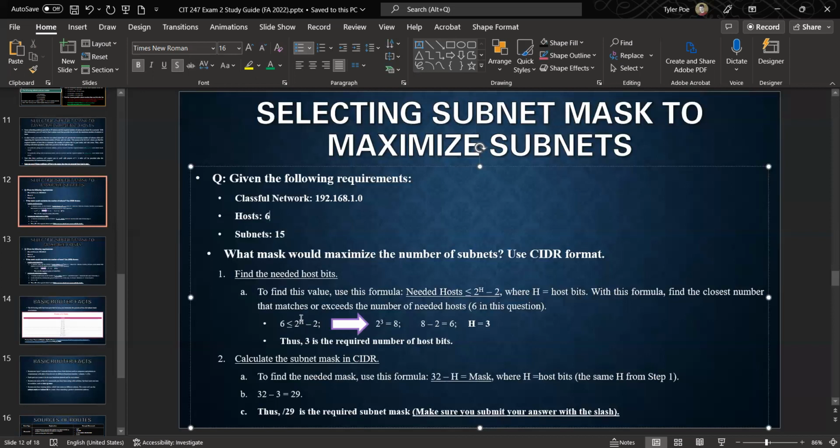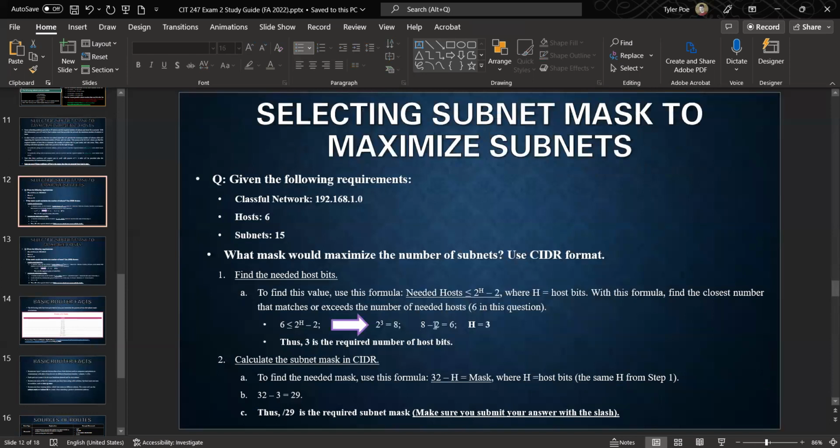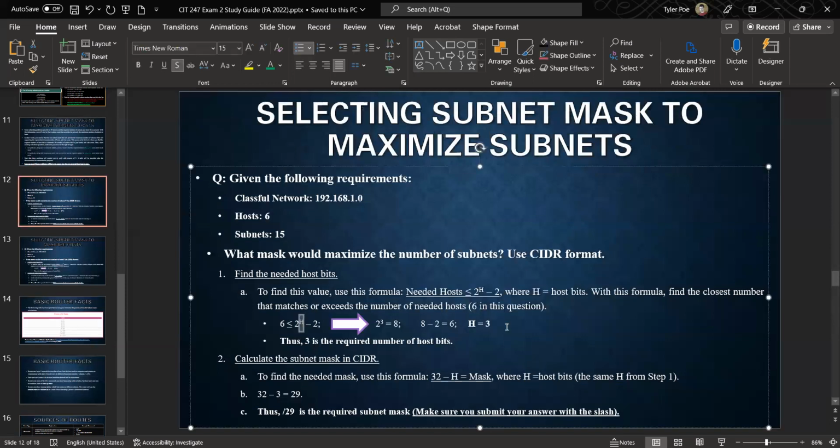So you're finding a power of 2. 2 to the power of 1 is 2, minus 2 equals 0. 2 to the power of 2 equals 4, minus 2 equals 2. 2 to the power of 3 equals 8, and 8 minus 2 equals 6, because you have to follow this formula. So 6 does equal the number of hosts needed. Therefore, your power of 2 in this case, your answer, is 3.